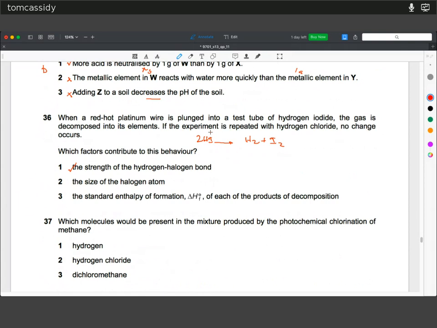If that was fluorine or chlorine, it would be a much stronger bond because fluorine and chlorine are smaller. So the size of the halogen atom is going to affect it. And these compounds are in their standard state, and so the enthalpy of formation is going to be 0 for each of those. So actually, that one gives us 1 and 2 as the answers. Look that up in the key, gives you answer B.